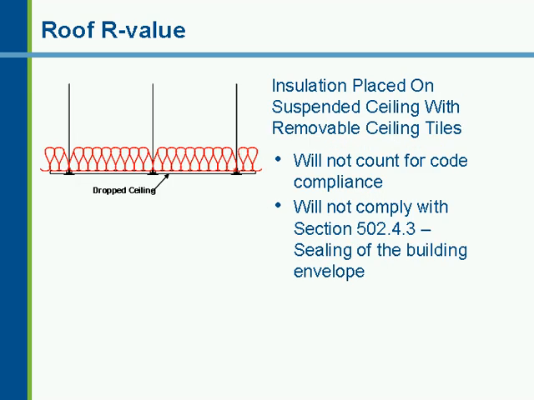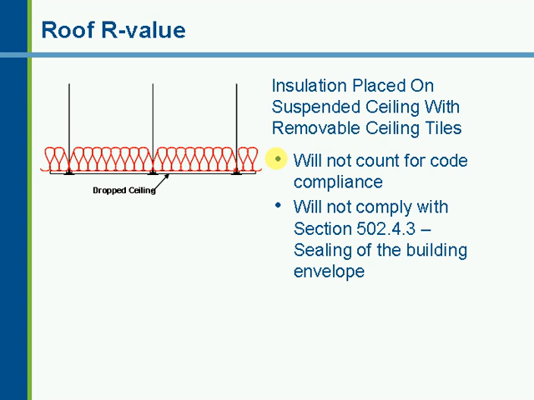The other recognition that was implied in the 2003 IECC but wasn't explicitly called out was the fact that you cannot insulate on top of a drop ceiling and count it toward code compliance. The problem with insulating on top of a drop ceiling is that it's very difficult to seal, because your insulation has to be at your air barrier.